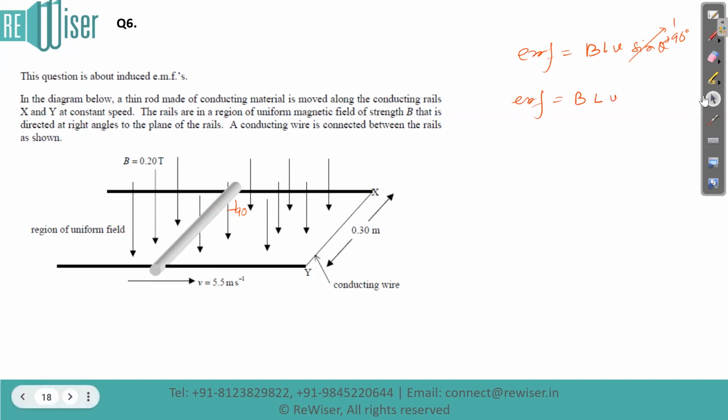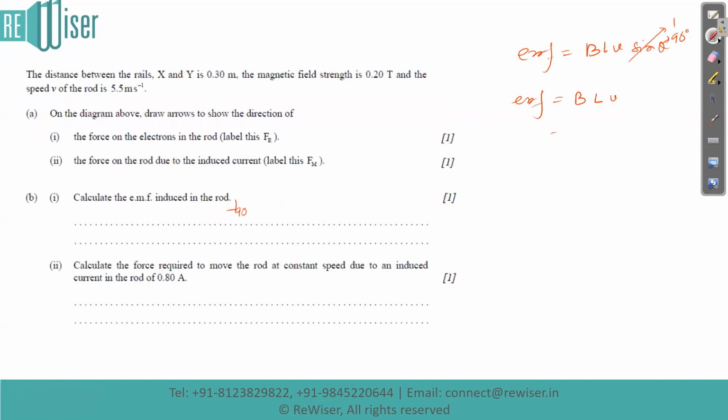Now, what is B? B is magnetic field strength, which is given here, 0.2 Tesla. L is the length of the rod, which is 0.3. V is velocity, or the speed of the rod, which is given here. Since we are finding the magnitude, we'll consider speed, which is 5.5.